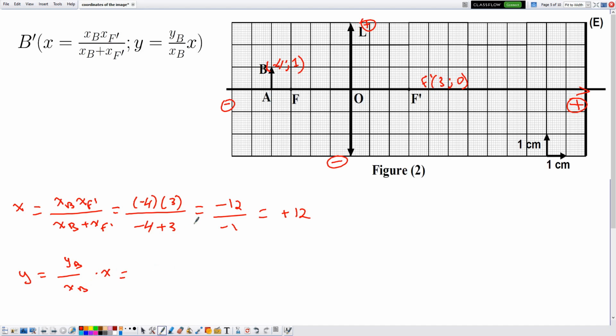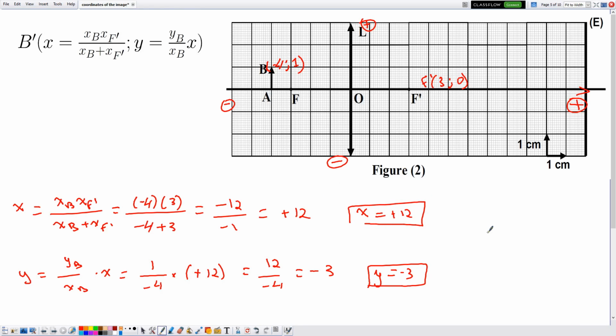So the value of yB is given by +1, and the value of xB is given by -4, multiplied by the value of x which we have already calculated, which is +12. So this will give us 12 divided by -4, which will give us -3. So the value of y is equal to -3, and the value of x is equal to +12. So we know that the coordinates of the point B' is given by 12 and -3.